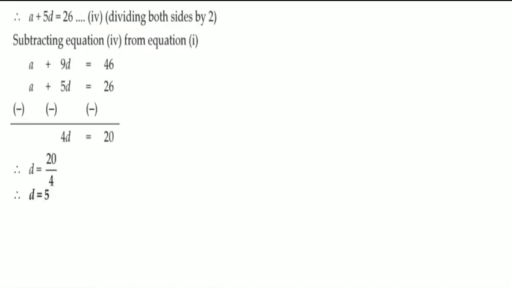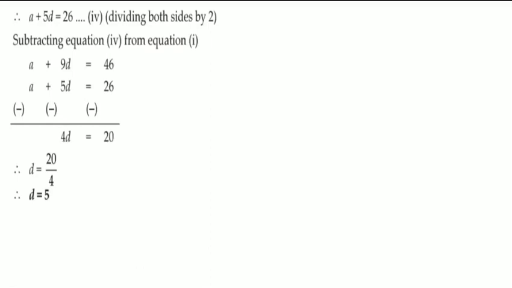So write equation 1 on the top and equation 4 below that. Okay. So A plus 9D is equal to 46 minus A plus 5D is equal to 26. When we are subtracting, we are changing the sign of the second equation everywhere. For each and every term, we are changing the sign.